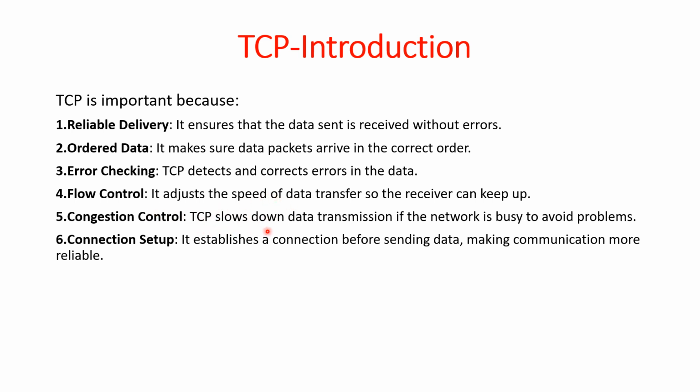TCP reduces the speed of the data transmission if the network is congested, helping to prevent data loss and delays. TCP establishes a connection between the sender and the receiver before data transmission, which makes communication more reliable.